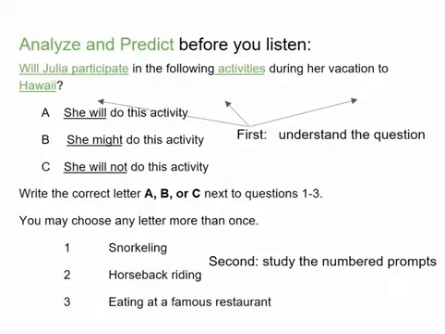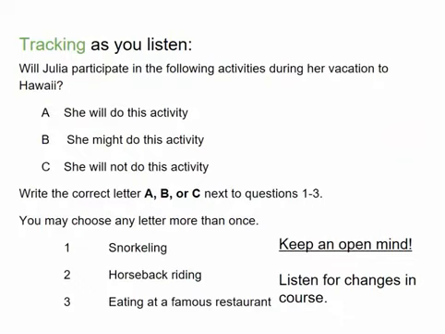Just keep that in mind, that these activities are ordered in this way because we can expect a definite answer of yes, maybe, or no to each of these, one before the other, by the speakers who are speaking in the passage. Now, as we have seen in other question types, for example, multiple choice in particular, just keep an open mind always. The speakers can change their minds, okay?